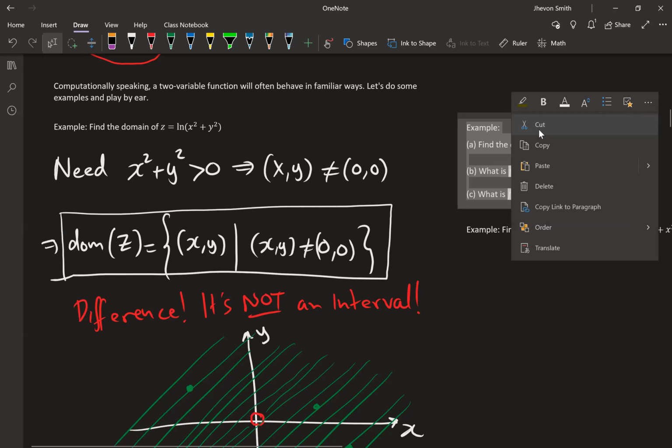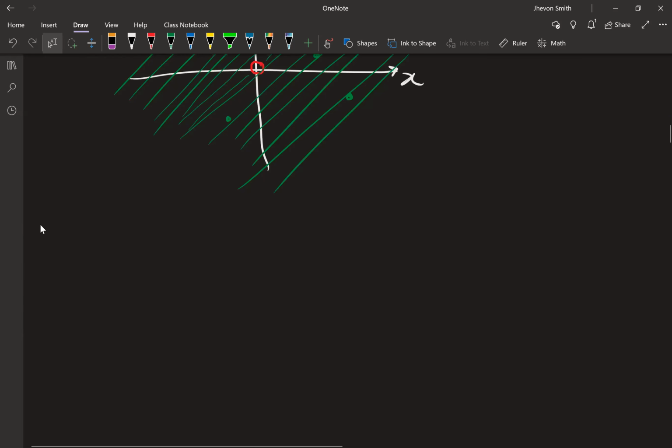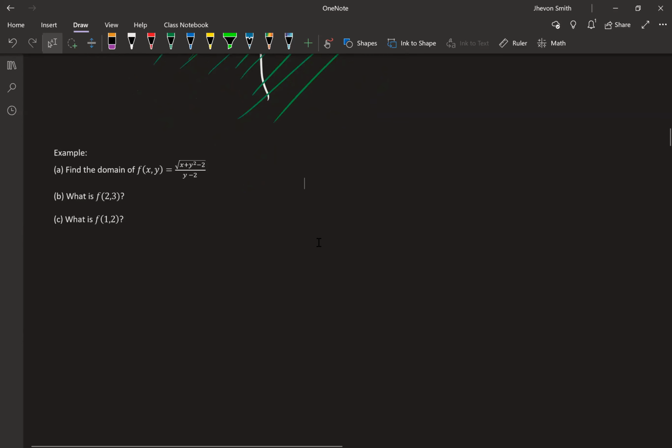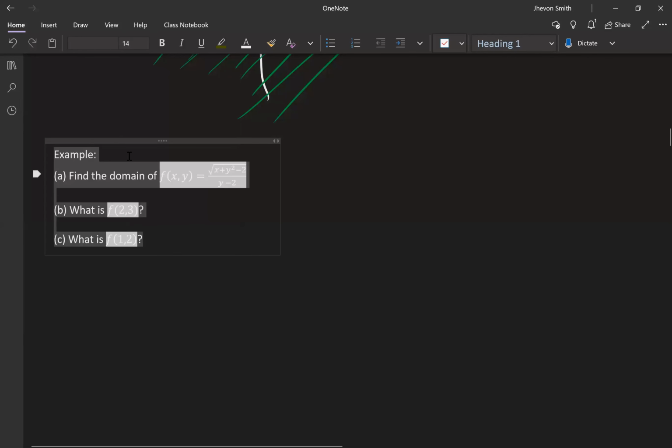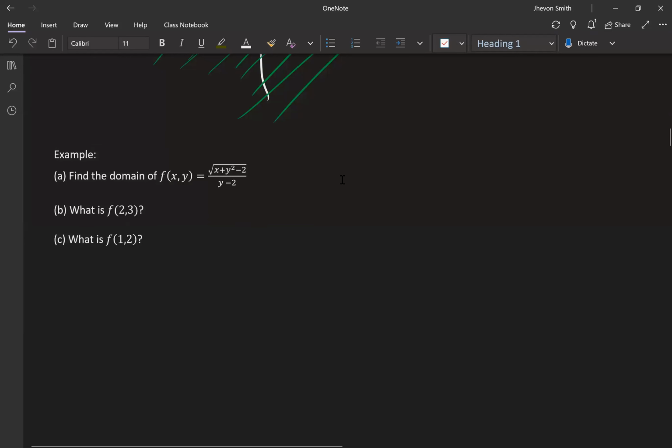So here's another example. What is the domain of this one? x greater than 2?